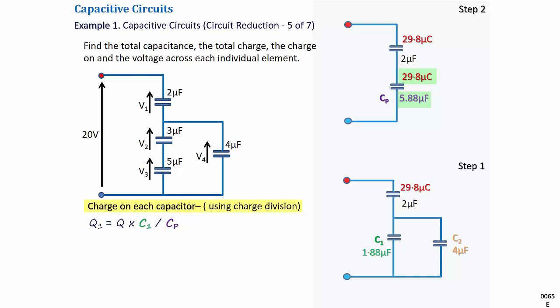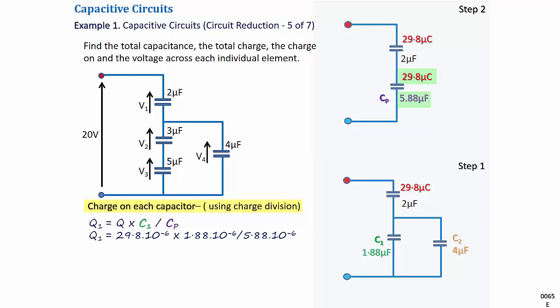From the equivalent circuit obtained in step 2, we know the total charge stored in the parallel group Q is 29.8 microcoulomb. The total capacitance CP of the parallel paths is 5.88 microfarads, and the value of C1 is 1.88 microfarads.